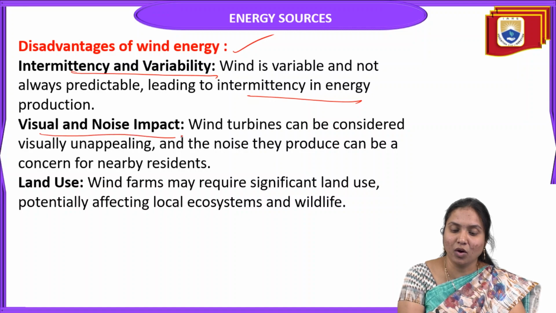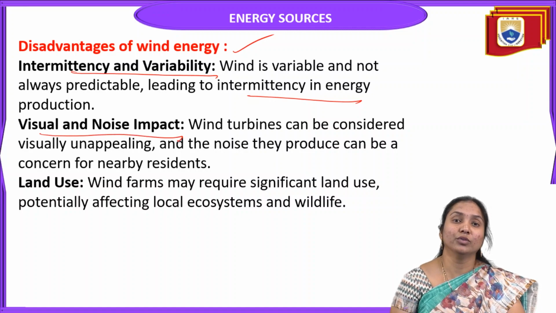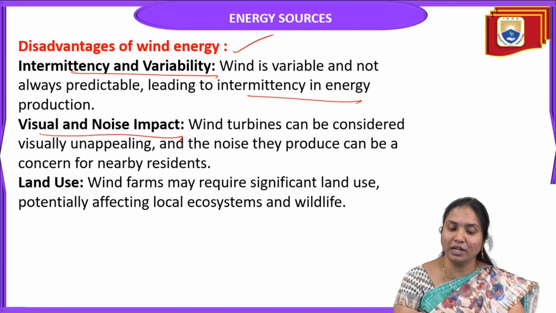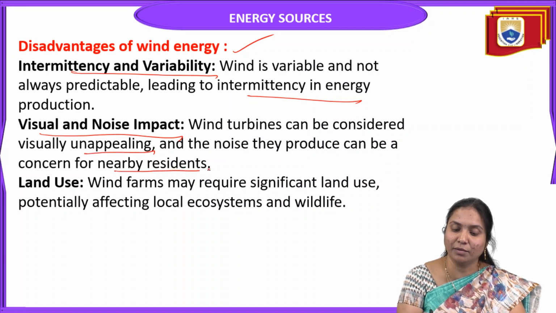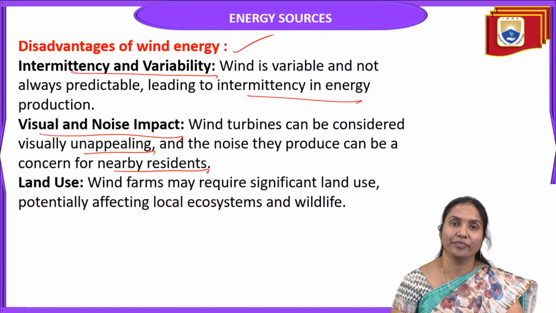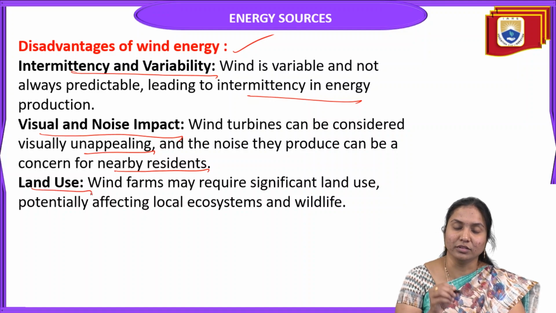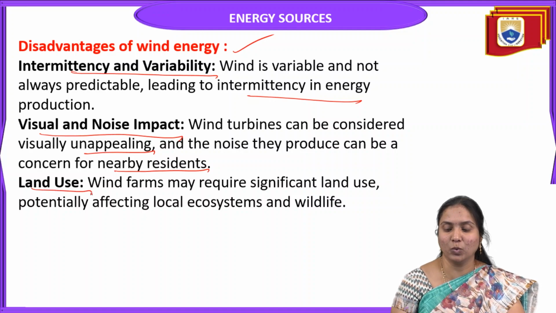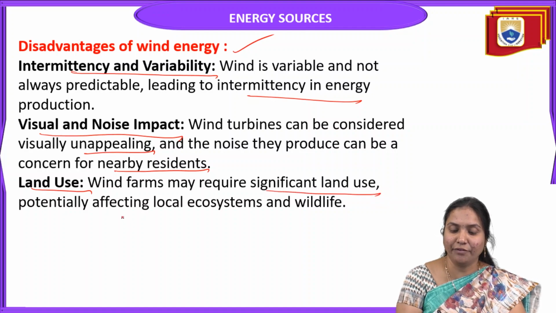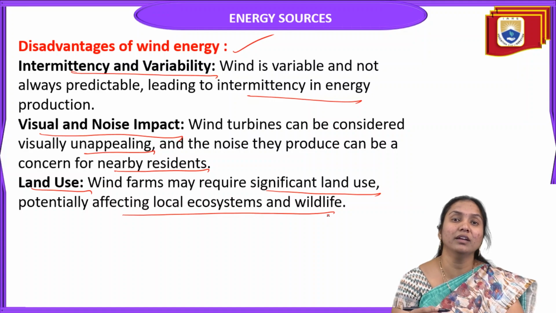And visual and noise impact: wind turbines can be considered visually unappealing, and the noise they produce can be a concern for nearby residents. And land use: wind farms may require significant land, potentially affecting local ecosystems and wildlife. These are the main disadvantages of wind energy.